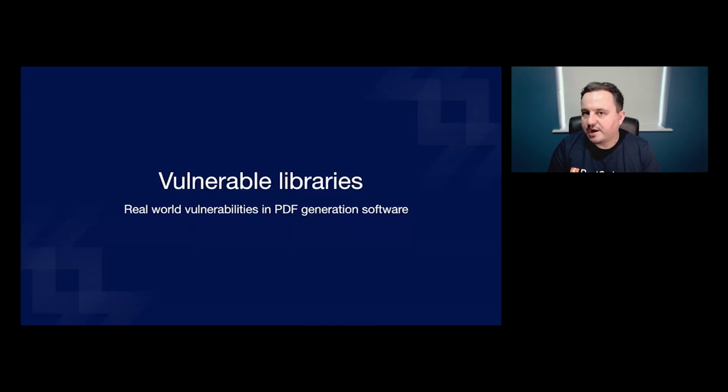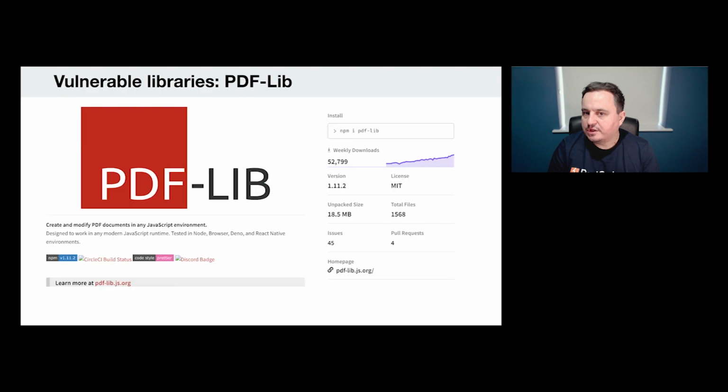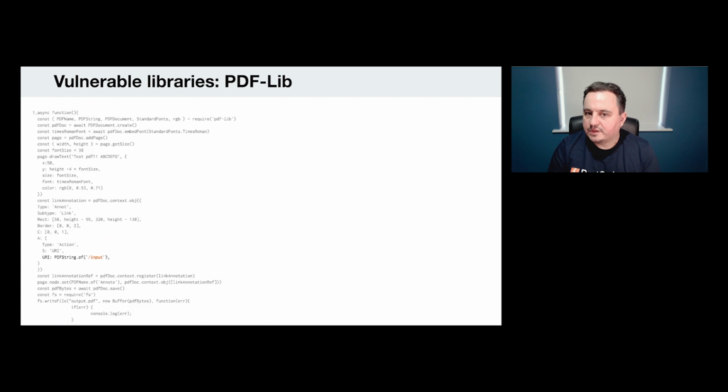So I tested around 8 different PDF libraries, and the first one that I encountered that was vulnerable was PDF-Lib. This has over 52,000 weekly downloads, and they made a crucial mistake. This JavaScript generates a PDF document using their library, and they made a mistake in the PDF string helper.